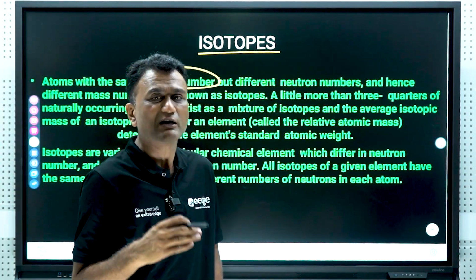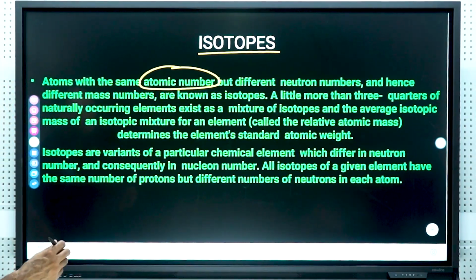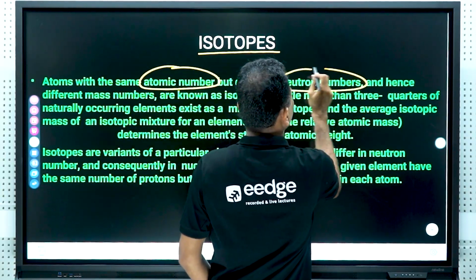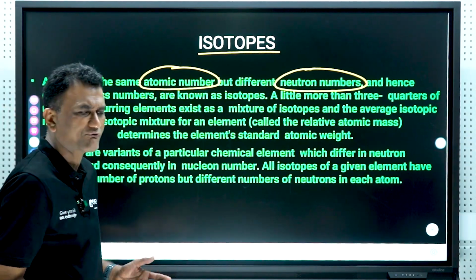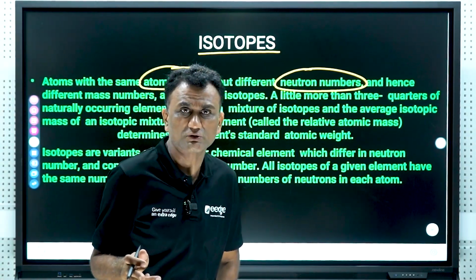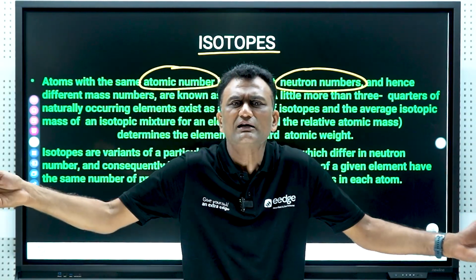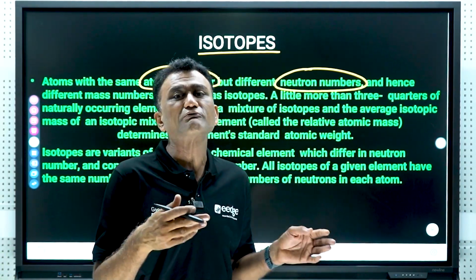Different elements have different atomic numbers. So isotopes are atoms with the same atomic number but different neutron numbers. This is there in nature. We found that there are atoms with the same number of protons but different numbers of neutrons. So we can have 2-3 different classrooms where the number of boys is the same but the number of girls differs.